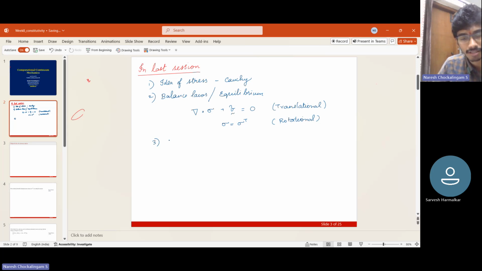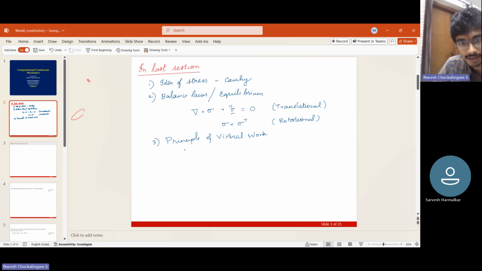Then we looked at the concept of the principle of virtual work, and we showed that it is exactly equivalent to the equilibrium equations. What does it say?